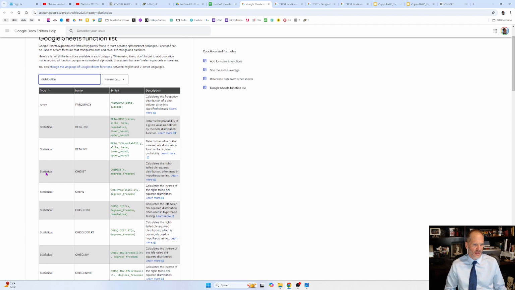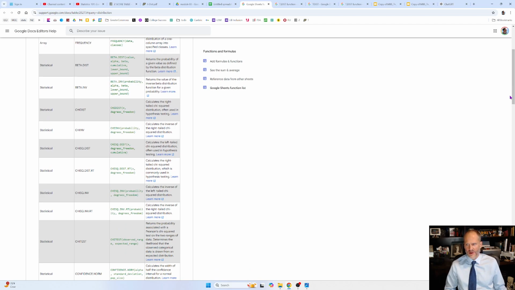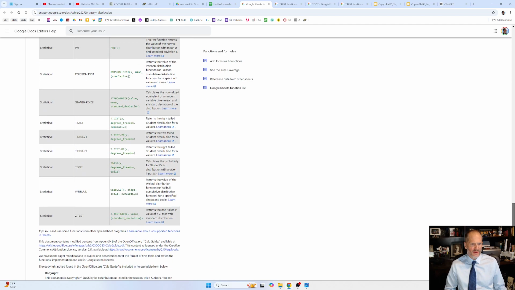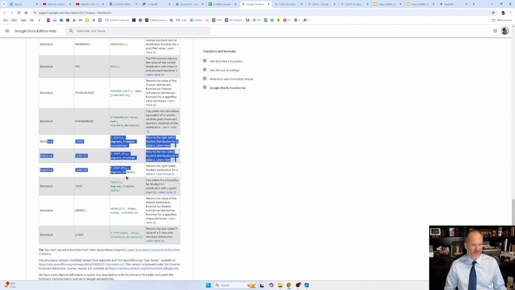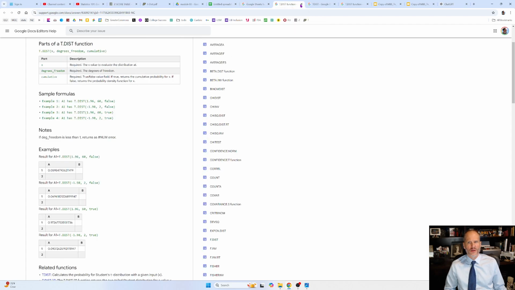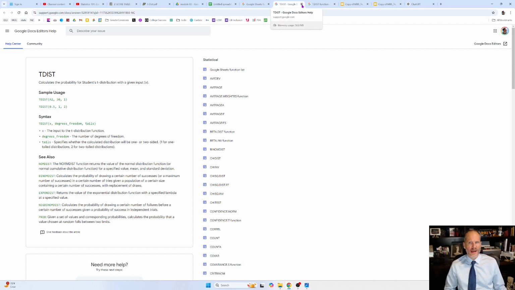And down at the bottom, we have t distributions. You can see t distribution, t distribution, t distribution. I read through these formulas and learned how to use them. So you could read through the different formulas and figure out how to use them.